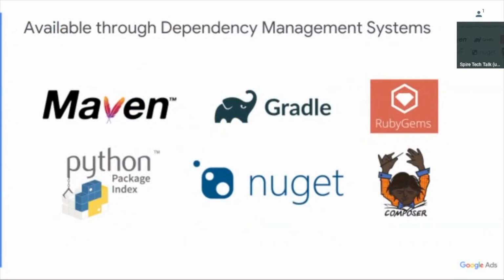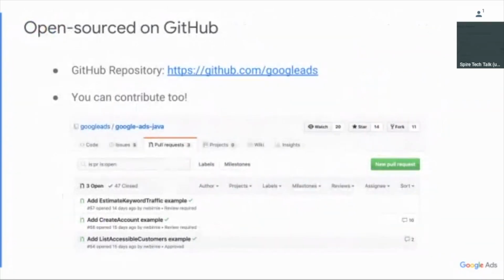The client libraries are primarily distributed through the corresponding dependency management system. So we have Java within Maven, .NET in NuGet, Ruby gems, and so on. This is where you get the compiled package distribution. But in case you want to get the actual code, or prefer compiling it yourself, then we are on GitHub.